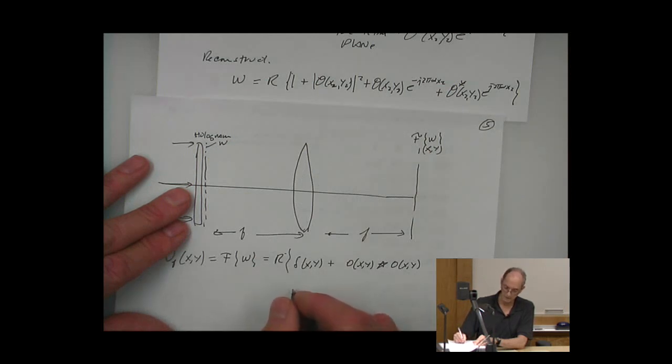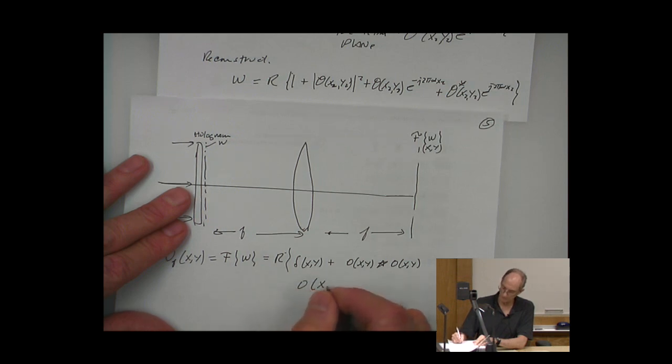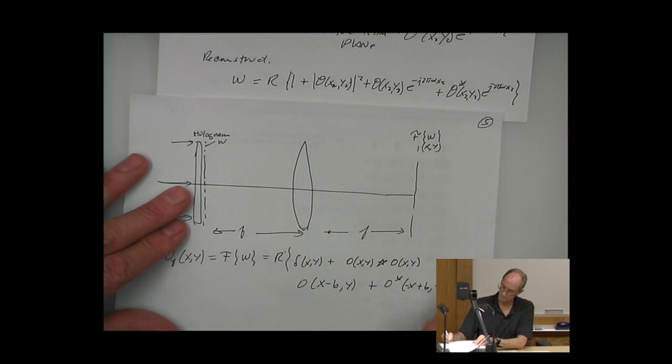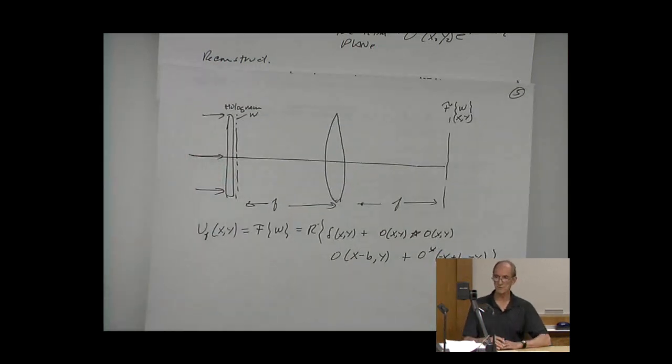So we have O of a shifted axis for that term, x minus b, y, and then we have O star of minus x plus b, minus y. So that looks a lot like the previous case, right?